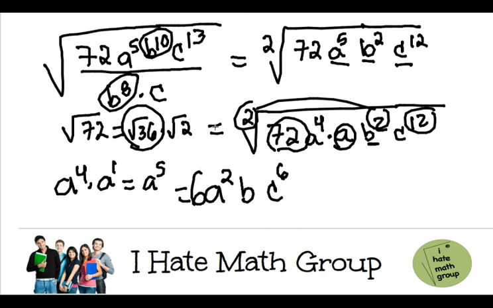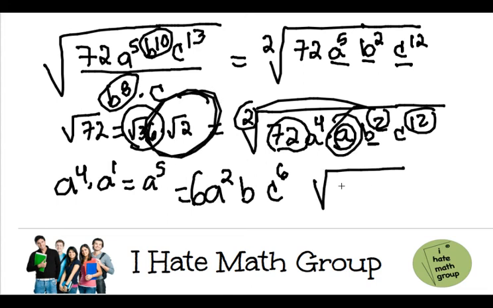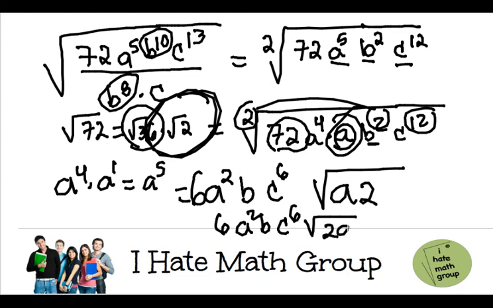The only thing that is going to stay inside is whatever I couldn't simplify. Well, in this case it was the square root of 2 and this a. So that is the same as 2 times a. Usually we put the numbers in the front. So the answer is going to be 6a squared b c to the 6, times the square root of 2a. And yes, it was a nasty radical.